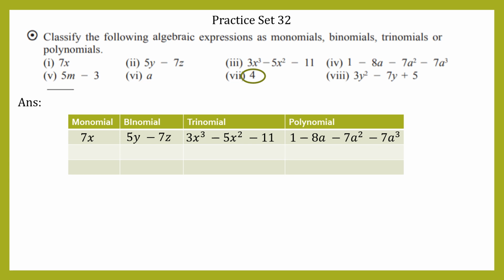Now there is no variable in this algebraic expression, as we can see. So 4 is the only number, that is, it is only one term. So what is expression with one term called as? Yes, it's called as a monomial. So we can write it in the first column.